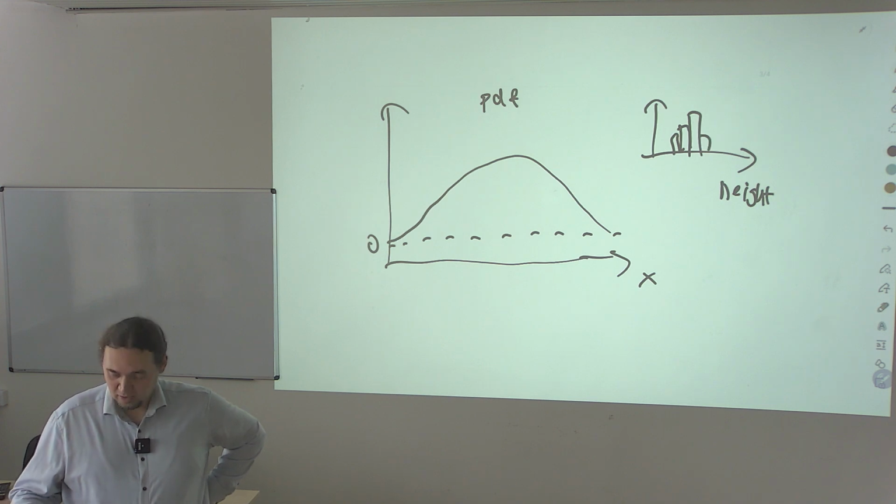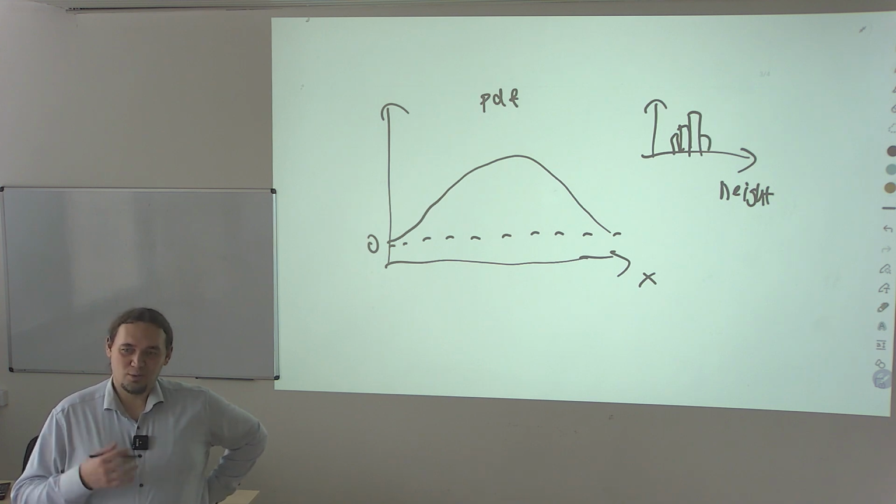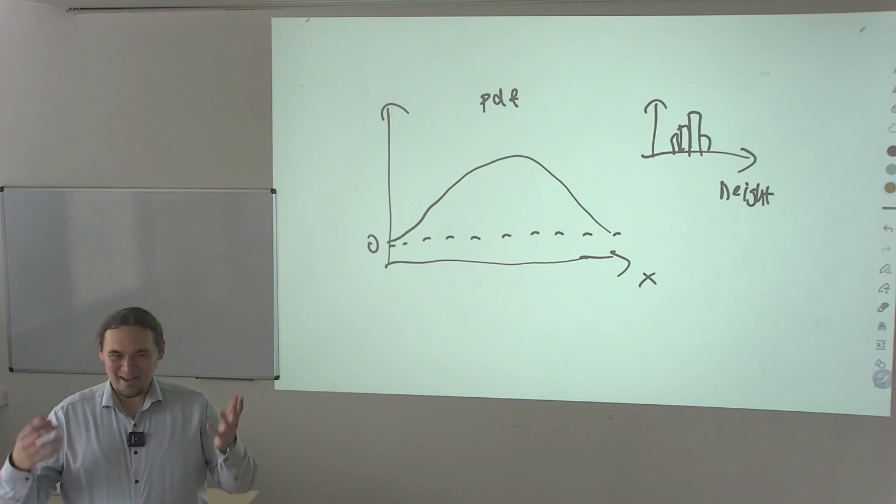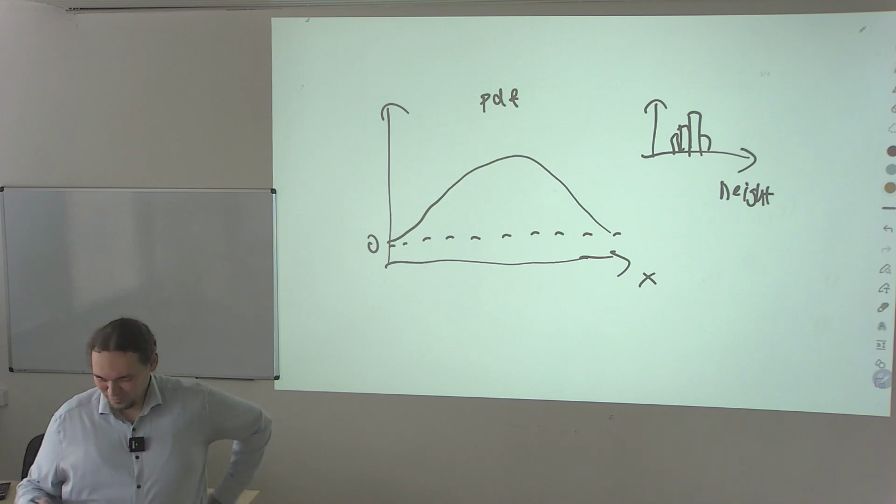And similarly to how we started with throwing the dice, we were not getting the uniform distribution. It was just our experience, what we expected, what we knew about.